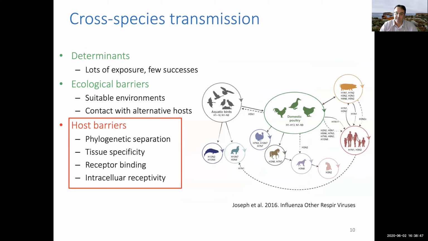And the type of things that they look at are the receptor binding property. So at a very simple level, are these viruses able to attach themselves to cells in the human respiratory tract? We also look at whether or not there's transmission in different animal models, so primarily in mammalian animal models.